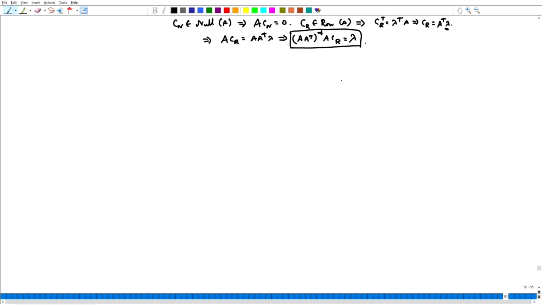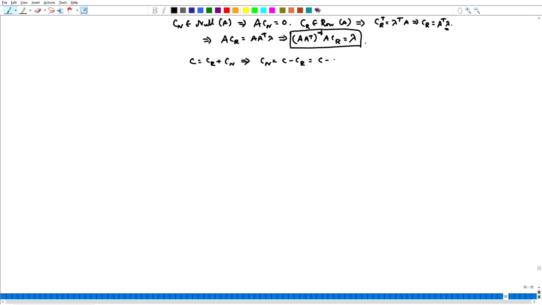Now, what we actually need is Cn and not lambda, but we will use this to find Cn. Note that C equals Cr plus Cn, so Cn is C minus Cr. But what is Cr? I am just substituting the value of lambda here.